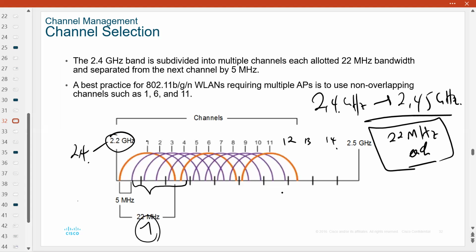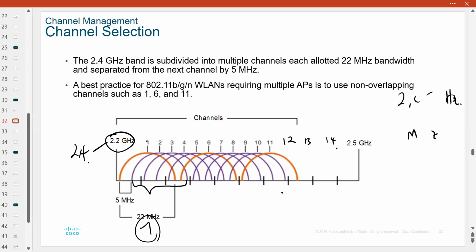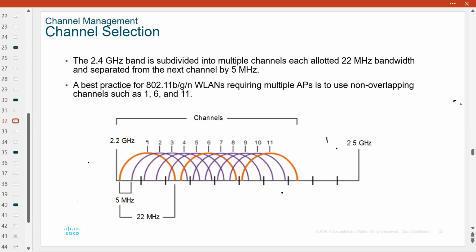If you have devices communicating, your APs should have non-overlapping channels.